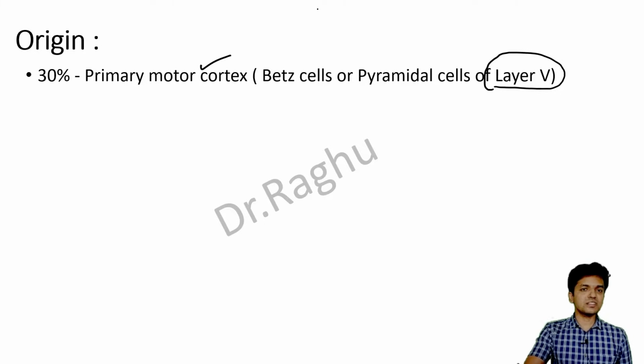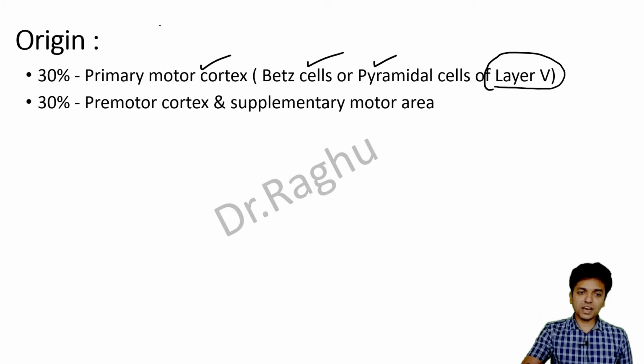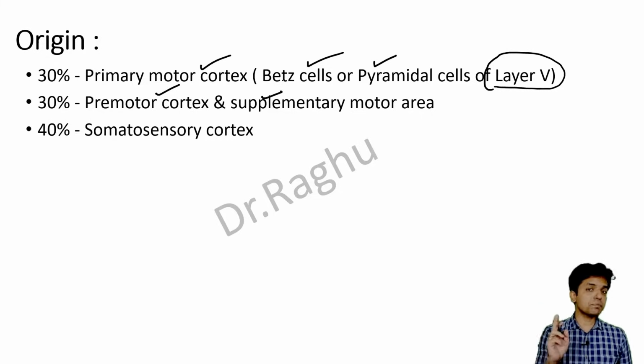And which cells in layer 5? They take origin from the so-called Betz cells, or also called the pyramidal cells. Another 30% of the fibers take origin from the premotor cortex and also from the supplementary motor area. And the remaining 40% of the fibers take origin from the somatosensory cortex.